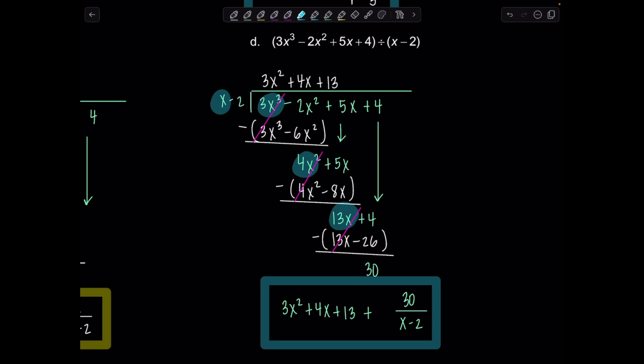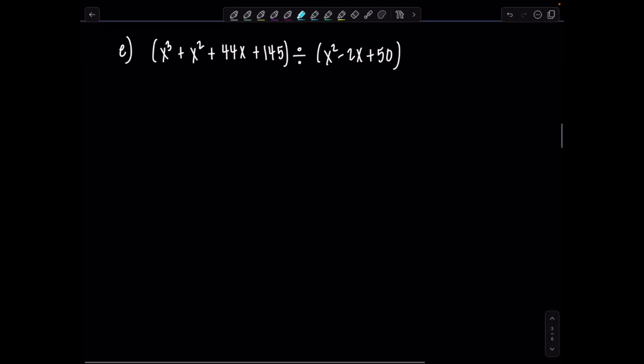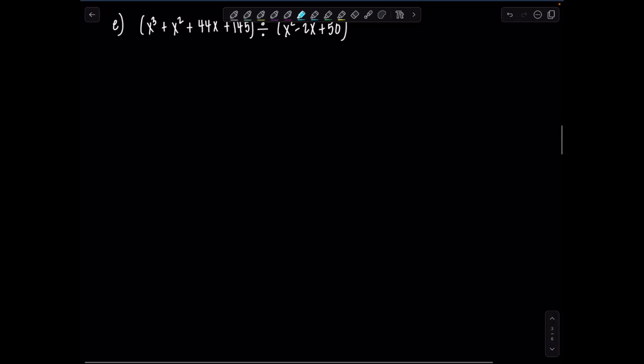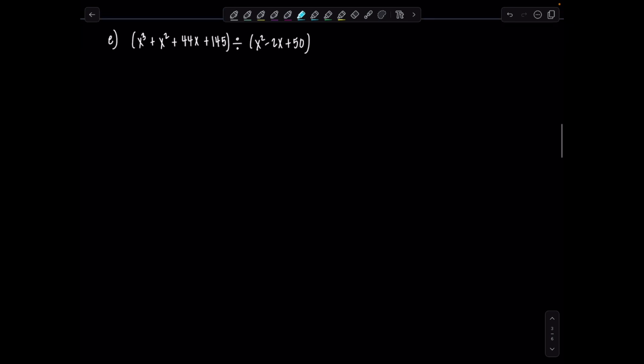Here's something we haven't done yet. Don't be frightened. The divisor is degree 2, x squared. You can handle it. Let me zoom out a little. So it's no big deal. This is one of the fabulous things about polynomial long division: the divisor can really be any old polynomial, even degree 2, 3, 4, you name it.